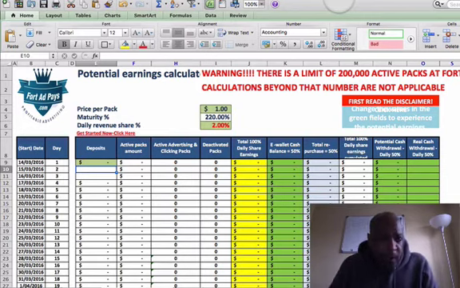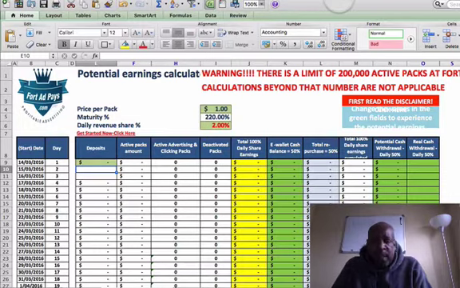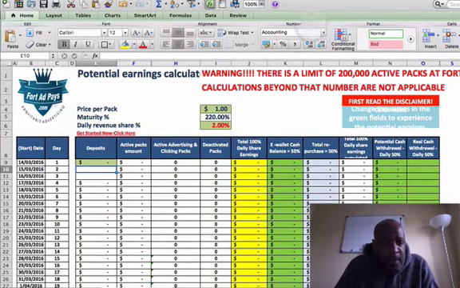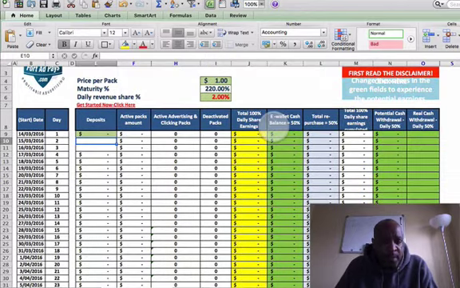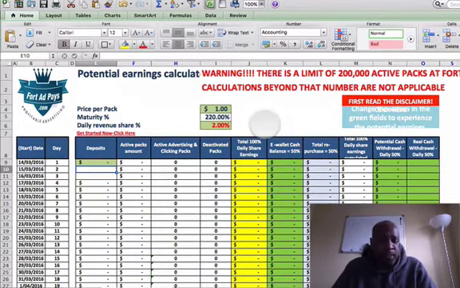First of all, I always do the warning. There's a limit of 200,000 active ad packs for this Fortadpays. Any calculations beyond that, I think it's 300,000 now, so it's a little bit higher, and I may be wrong on that, I've got to check again. The calculator is doing an average of 2%.